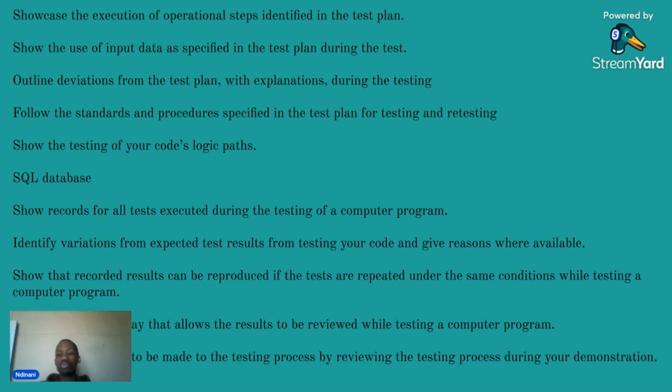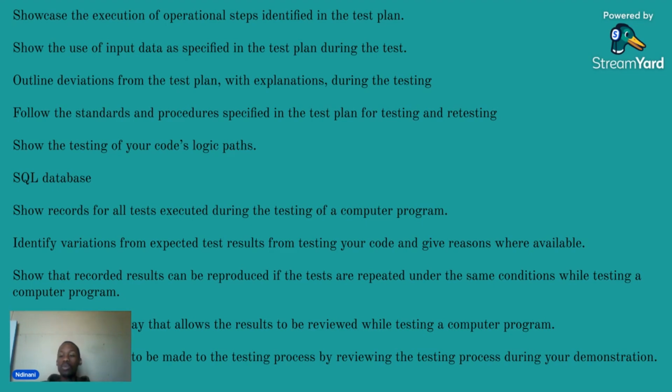Now for the third question, which is: outline deviations from the test plan with explanation during the testing. While executing our tests, we transparently outline any deviations from the test plan and provide comprehensive explanation for each.